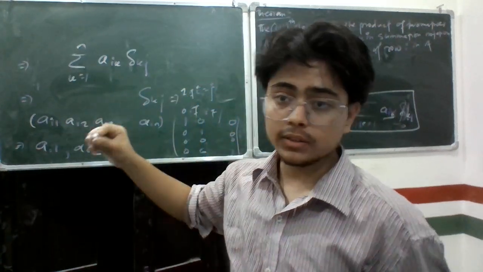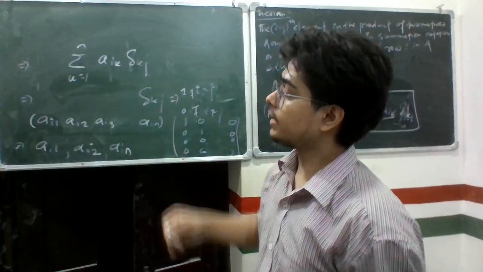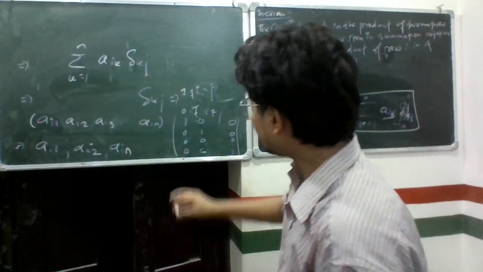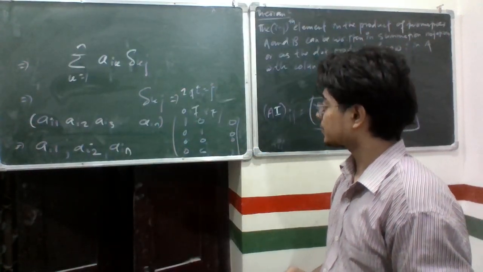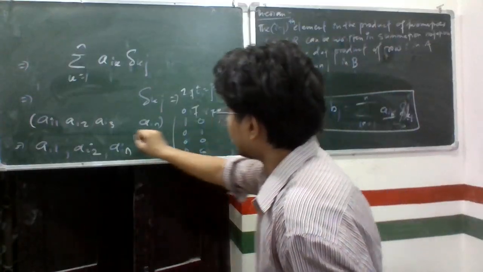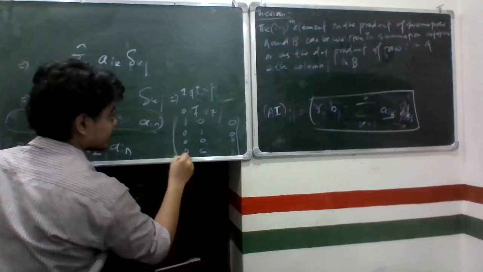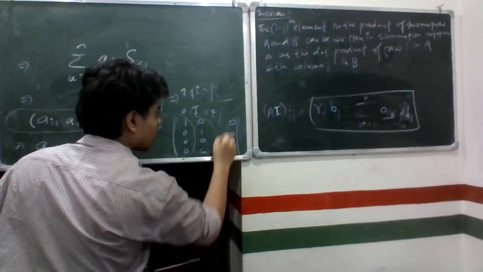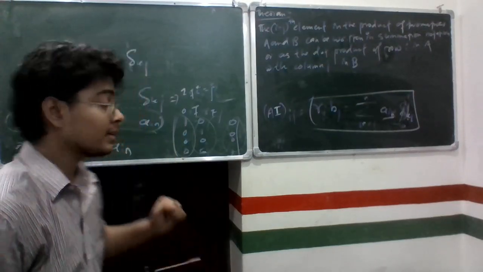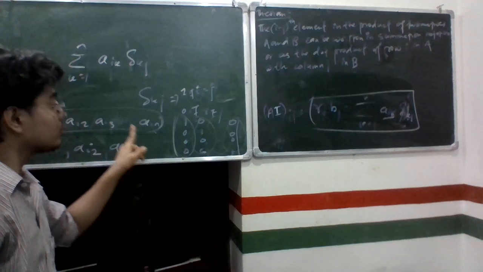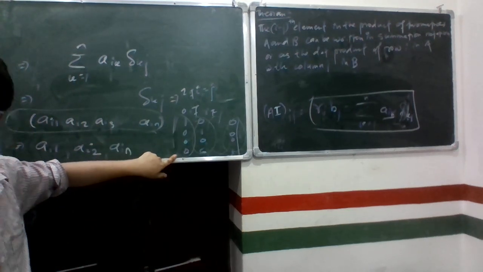Now you can think of this as a dot product between any row of matrix A and any column of this identity matrix. If you multiply this whole thing, or find the dot product between this whole thing and any of these columns of the identity matrix, you are just going to get one of the elements, either first, second, third, fourth, or any of these, because all the other terms would be zero.